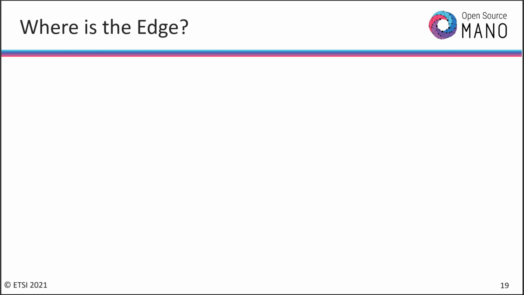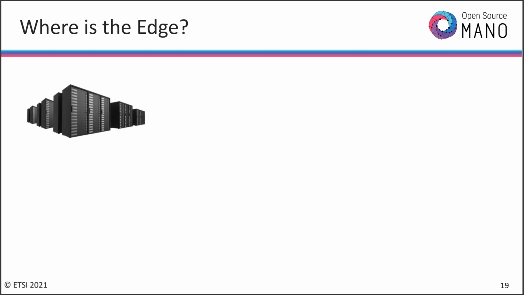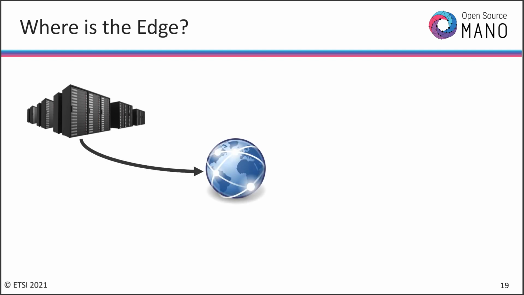when we talk about edge deployments now. So the first question we have to ask ourselves whenever we talk about edge is, where is the edge? The edge is not necessarily a place. It's a concept of distributed computing, where we place computational elements closer to the users that require them.